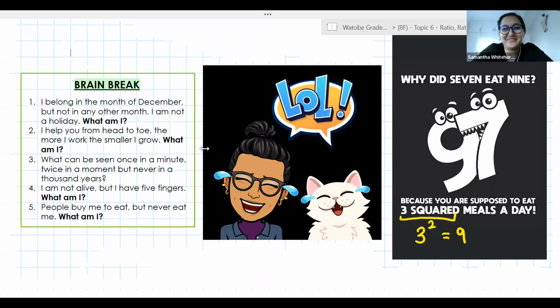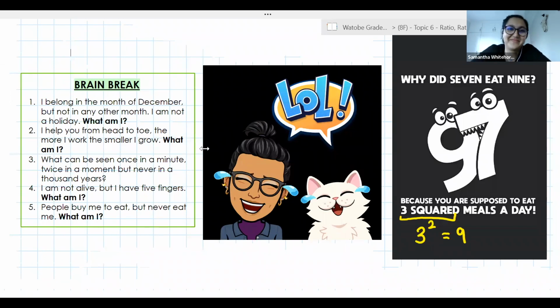So let's move on. Anyone who has number 2 or number 3, number 4, please remember to label them so we can see that you got them. I'm going to read number 2 for you. I help you from head to toe. The more I work, the smaller I grow. What am I?